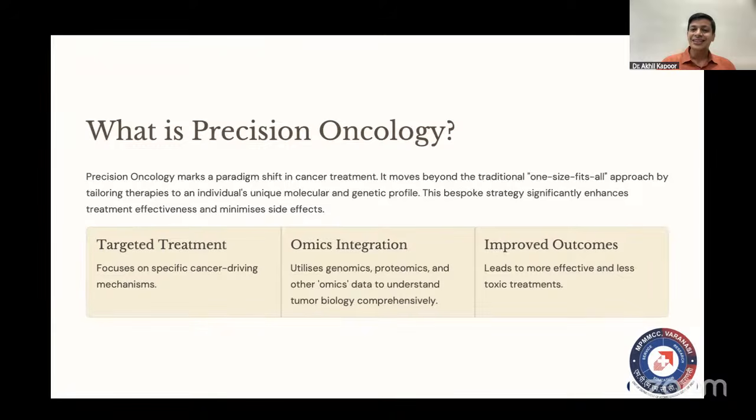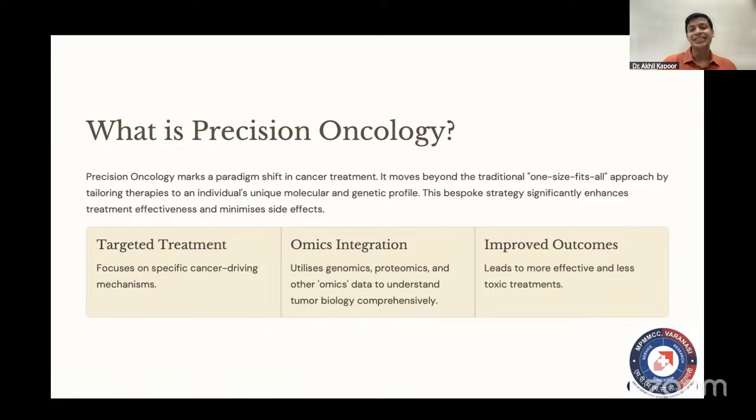One patient is treated with chemotherapy, one patient is treated with a targeted drug called osimertinib, one patient is treated with targeted therapy called alectinib, and another patient is treated with immunotherapy. So it is not a single disease which we are looking at. We have the broad term lung cancer, but we need to refine the treatment as per the tumor's driver mutation.